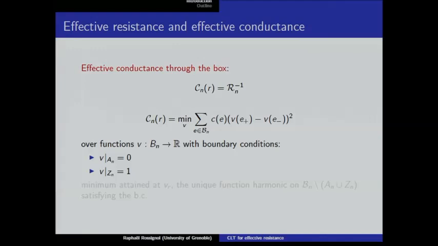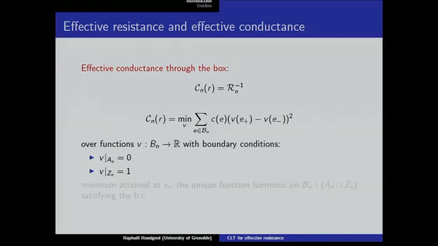The reciprocal value of the effective resistance also has a variational formula. It is the minimum of the energy, a kind of Dirichlet energy dissipated on the box. The energy across an edge is the conductance times the voltage drop squared, and you minimize over functions which are now on the vertices, and which have the boundary conditions to be 0 on A_n and 1 on Z_n.